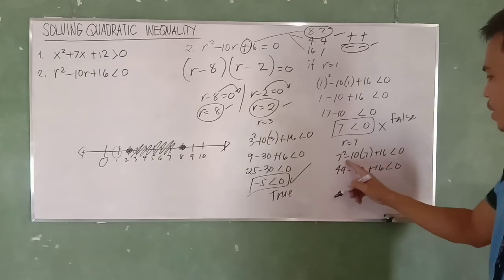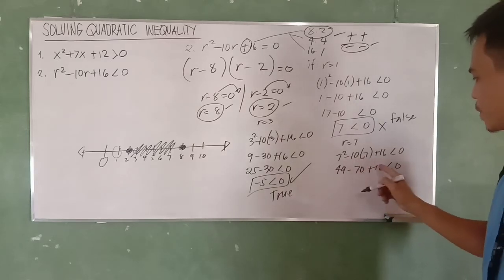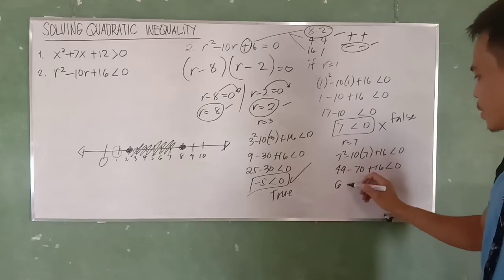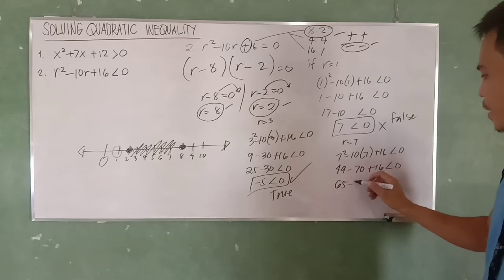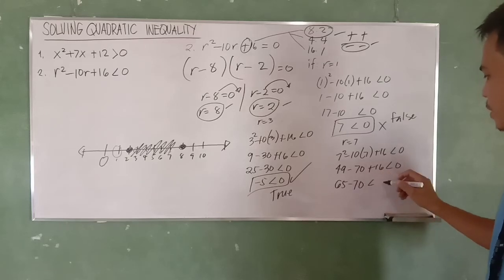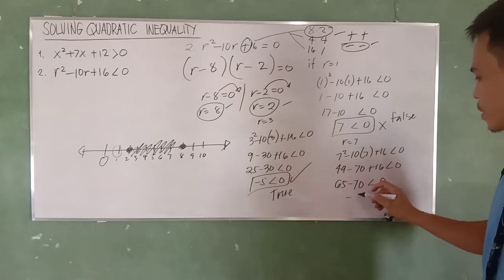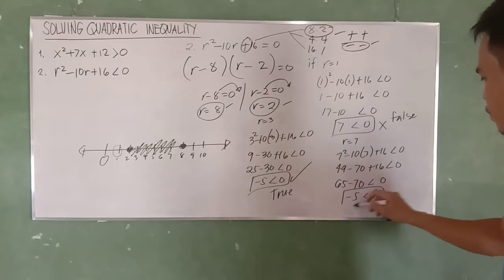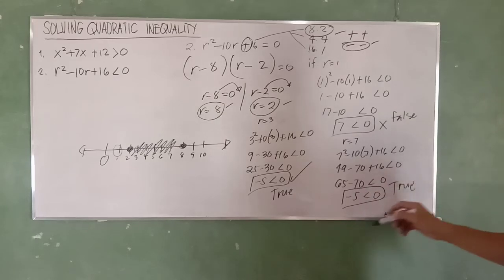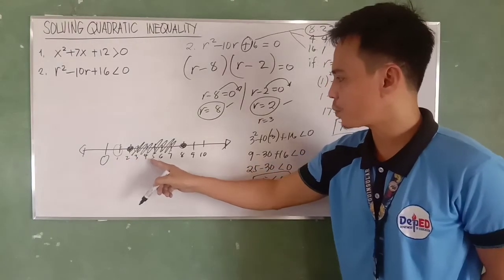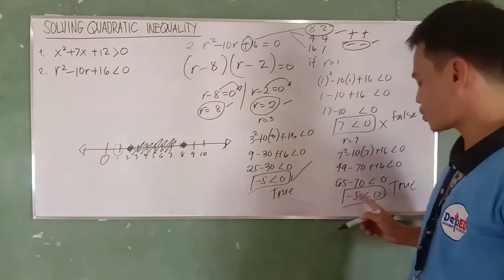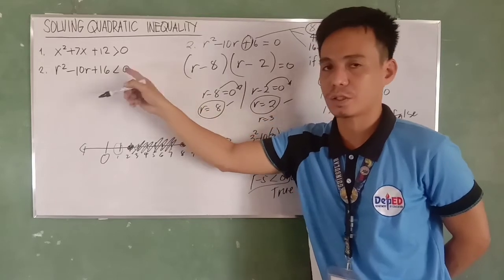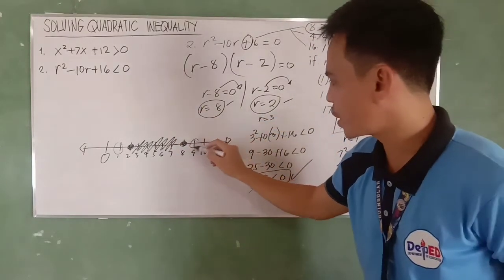Then combining the same positive sign here, let's have 49 plus 16 is 65, minus 70 is less than 0. So therefore, this is negative 5 is less than 0. So this is also true. So therefore, positive 3, 4, 5, 6, 7 are the solution set of r squared minus 10r plus 16 less than 0. Let's try this part here.